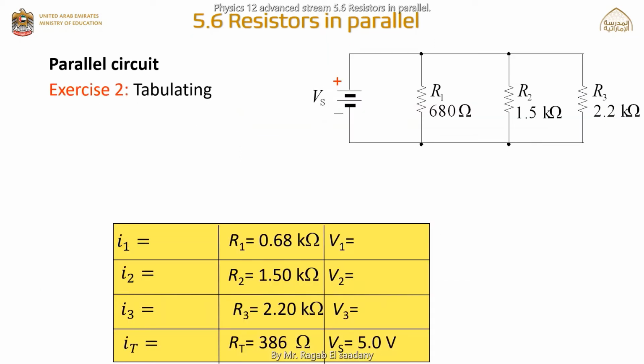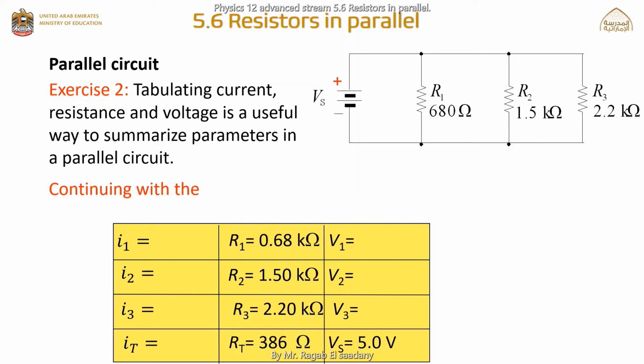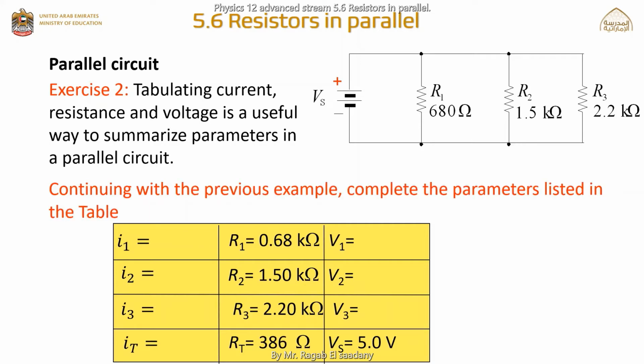Exercise 2. Tabulating current, resistance, and voltage is a useful way to summarize parameters in a parallel circuit. Continuing with the previous example, complete the parameters listed in the table. As you saw before, the potential drop across each resistor in parallel is equal and equal to the potential difference provided by the source EMF equal 5 volts.